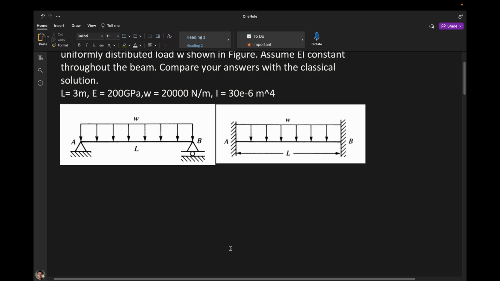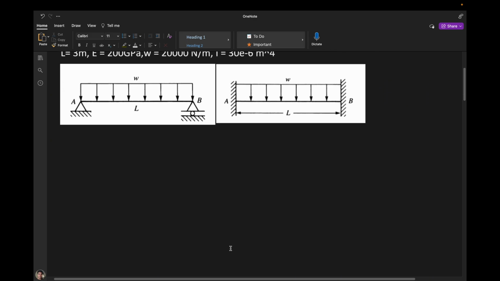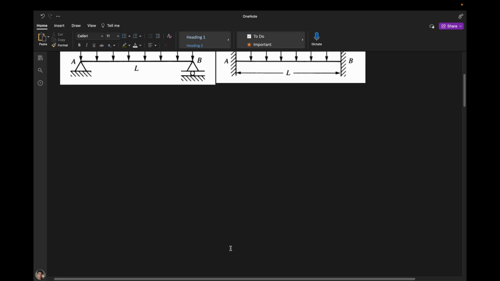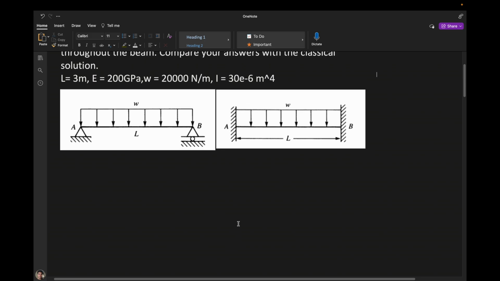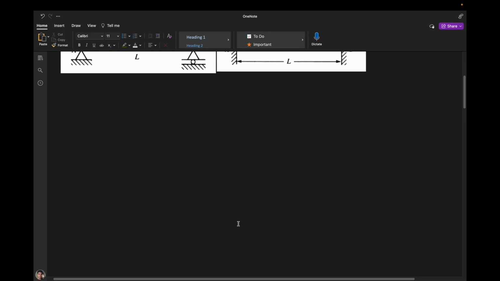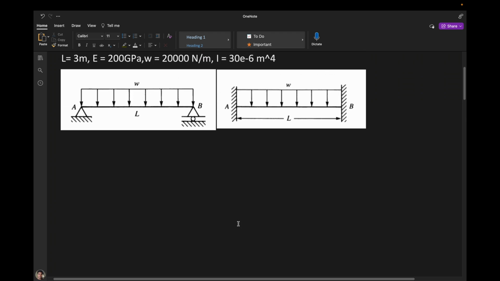before going to this problem, we will try to understand the variational form of the beam equation, which sir has already taught us. So let's first start from that, and then we will try to formulate how to solve these two beam problems.